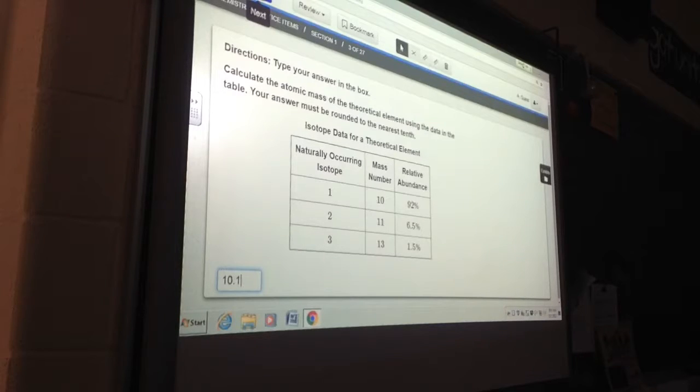Which of the two isotopes occurs most often in nature? 32. Sulfur 32. Why? Because that's closer to what? Because the atomic mass on the periodic table is 32.07. So it occurs most often with a mass of 32. Very rarely with a mass of 34. Yes?